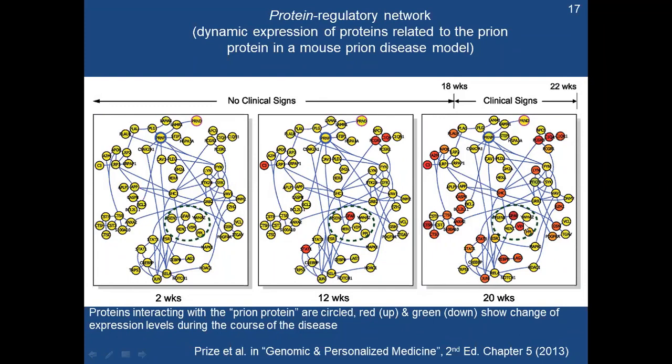You might. Can I ask? Sure, sure. But in this depiction, the proteins interacting with the prion protein are circled. The prion proteins are circled, and the interacting proteins are shown in edges. Okay, I thought it was the circle below.